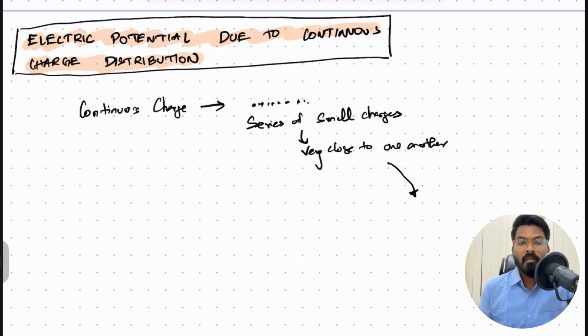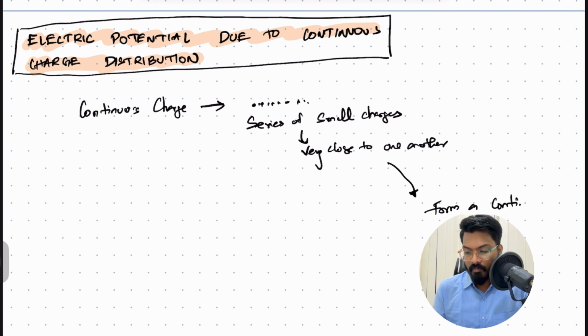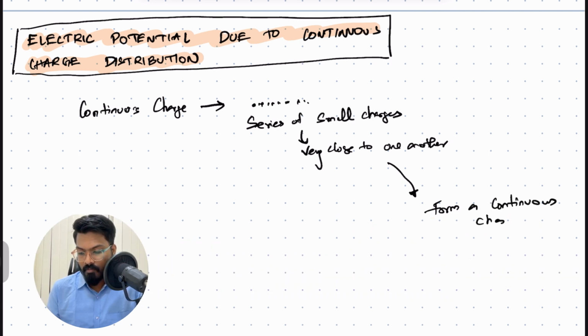As a result, they form a continuous charge. That is what a continuous charge distribution is.